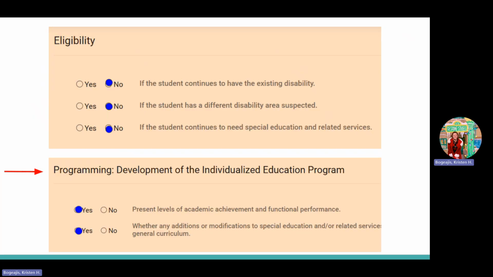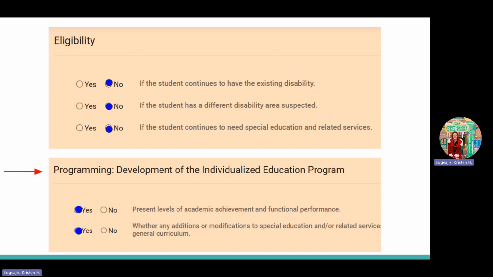Here's what it looks like, and I'm sure you've seen this before. If you are making an eligibility determination when you're opening the student for reevaluation, you would want to say yes to one or more of these yes or no questions, right? But if we're just doing a programming change, ergo just an FBA, it does not need an eligibility determination.